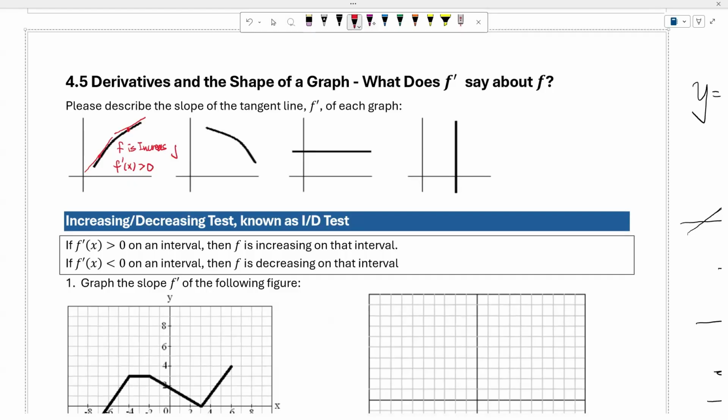On the other hand, if the function is decreasing, f prime is negative. If the function is a horizontal line, f prime is 0. And if the line is a vertical line, f prime is undefined.